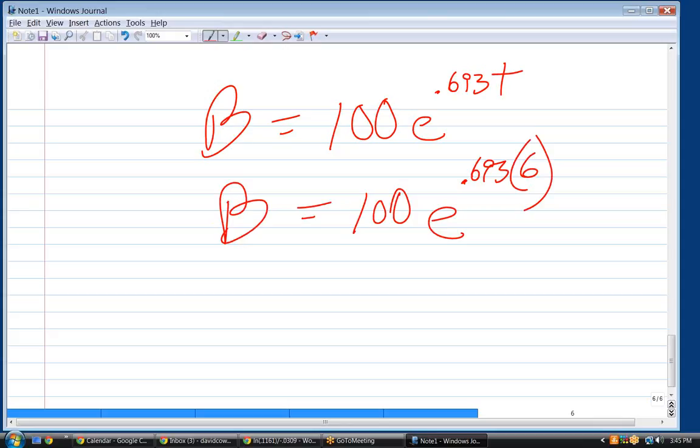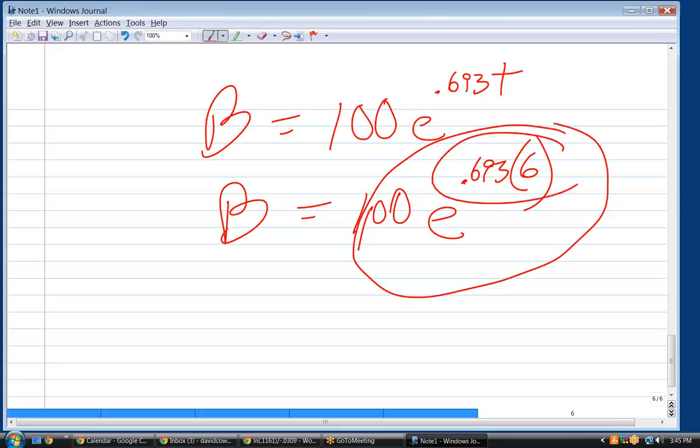Well, you need to solve that on your calculator. That's relatively easy. You don't need logs for that, because all you need is to take the number e to the power of whatever that number is, which would be about 4.